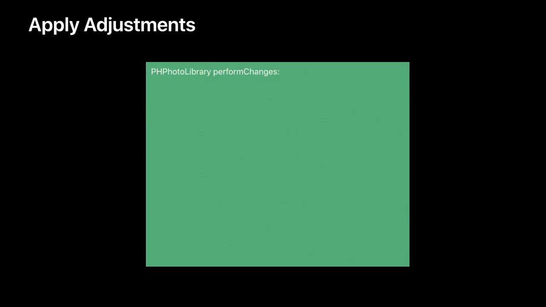Let's briefly outline the steps involved in applying an edit or an adjustment to an asset using Photo Library. You ask the PHPhotoLibrary to perform changes, and in that change request, you start with a PHAsset that you want to edit, such as a photo, and you call requestContentEditingInput on the asset to get a PHContentEditingInput. This is the guy that gives you access to all the media associated with your asset, such as a UIImage, a URL, an AVAsset, or a live photo.